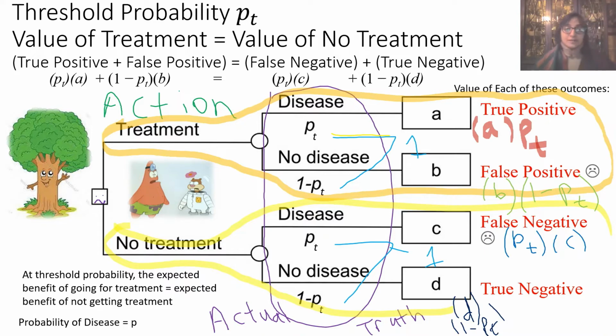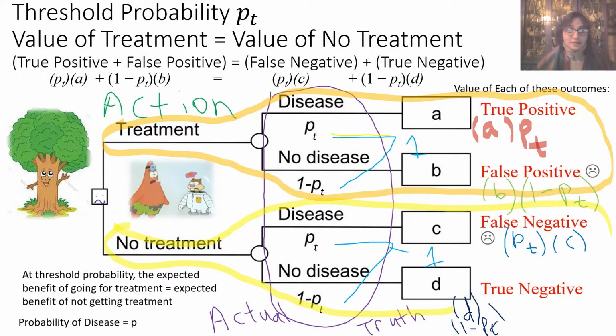You're going to multiply these out and see the value. The benefit of going for treatment is A times PT plus B times 1 minus PT. This is the value that we get of going for treatment, the value of a true positive plus the false positive.